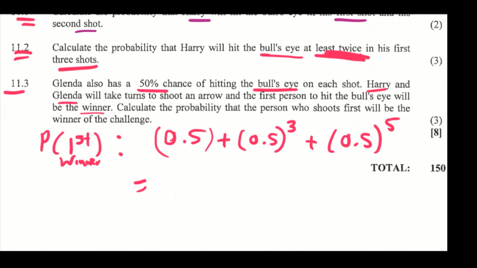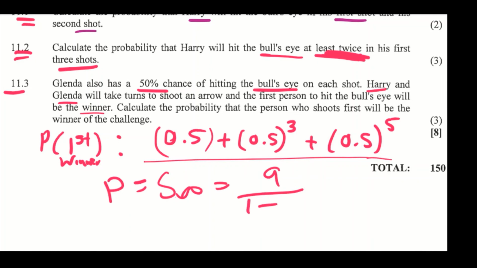Because this is a sequence of shots, we're going to find the probability using the sum to infinity, a over 1 minus r.